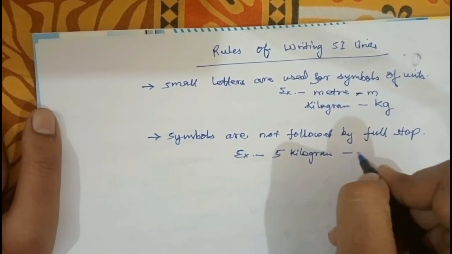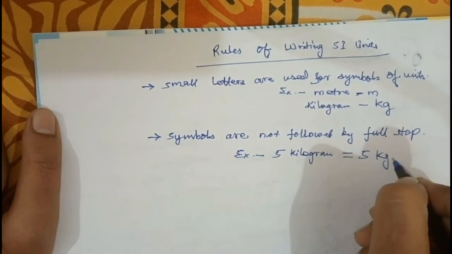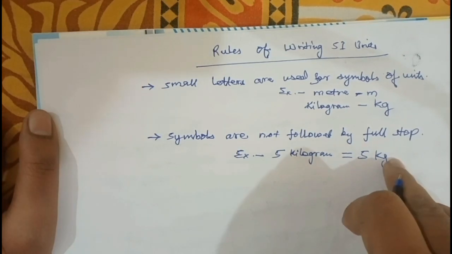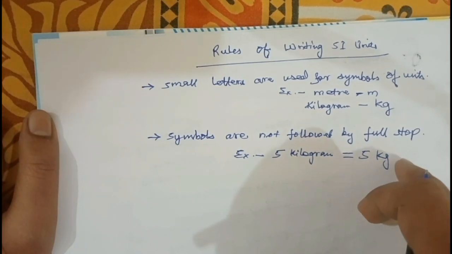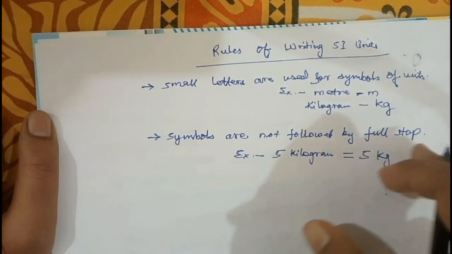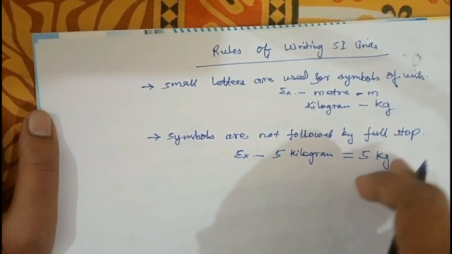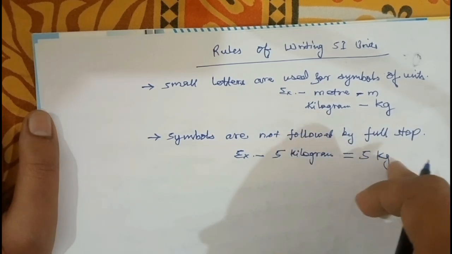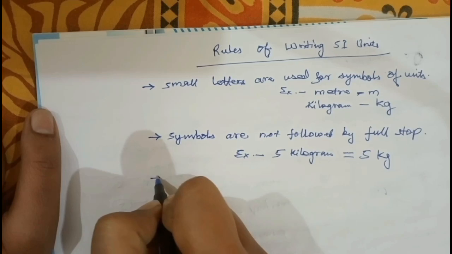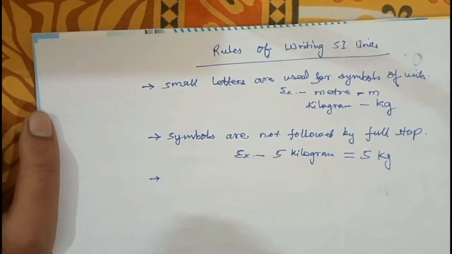Then how will we write 5 kg? Here we will not put any full stop. Simply we will leave it. Although, if we are writing 5 kg at the last part of the sentence, we will use a full stop, but this full stop will be used to end the sentence, not to end the unit. Okay, a unit is not followed by a full stop. You can remember it.